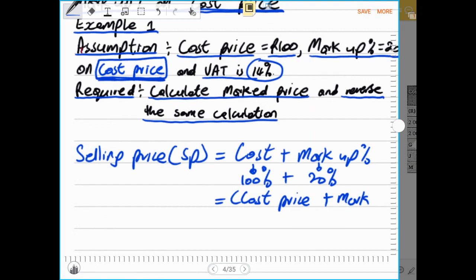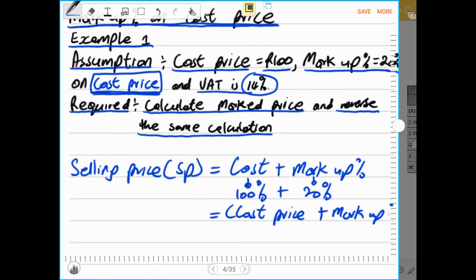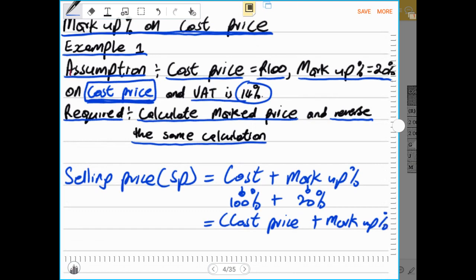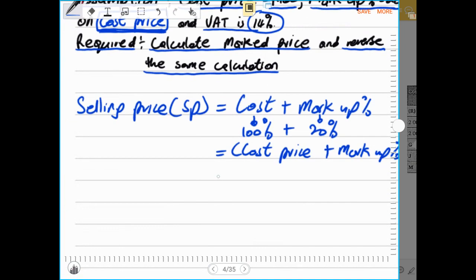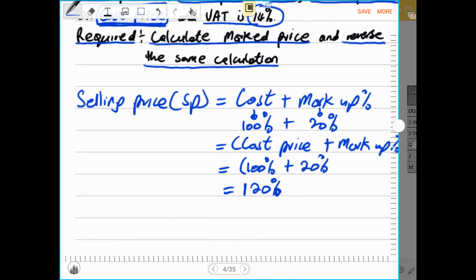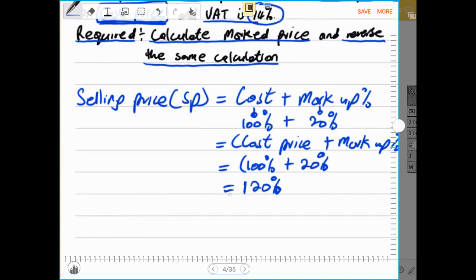In this case, the cost price, which is 100%, plus the markup percentage of 20%, means the selling price will be 120%.